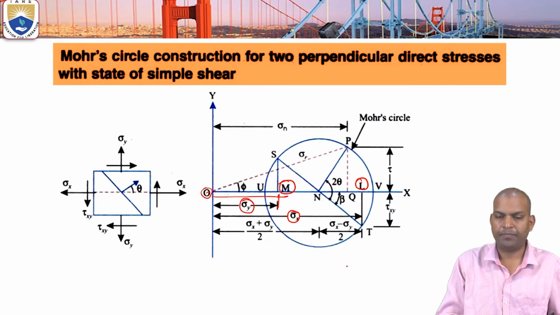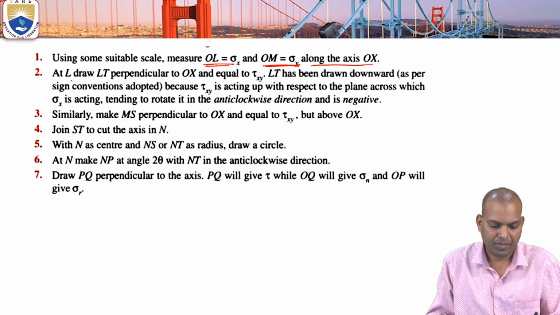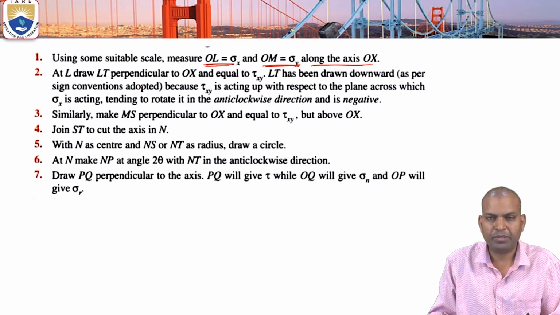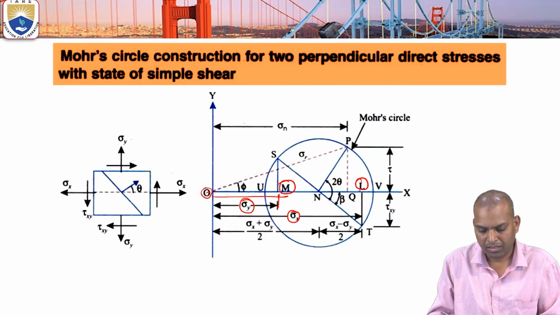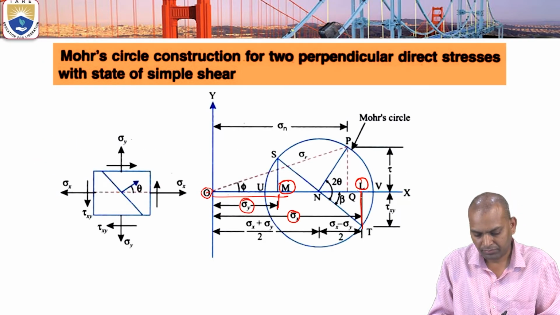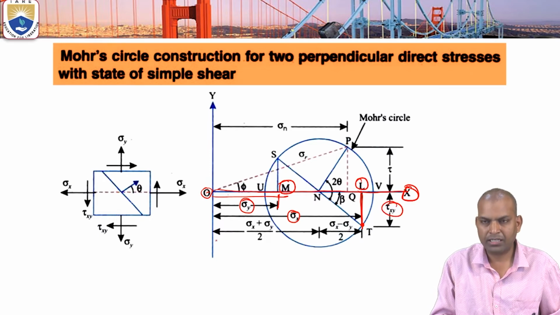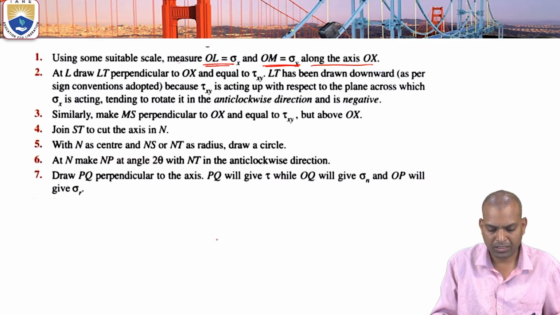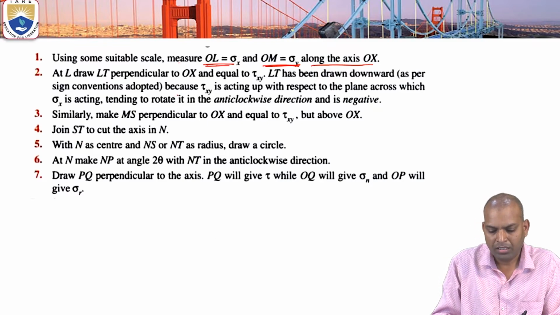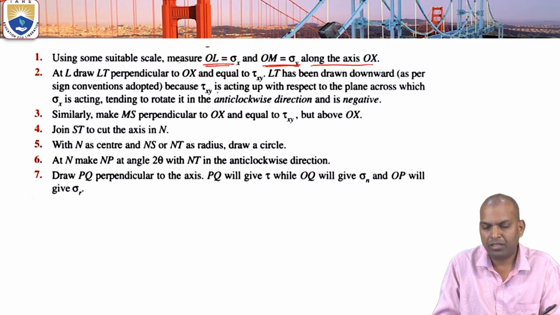The second step: at L, draw LT perpendicular to OX and equal to tau xy. That is the second step. Why have we drawn tau xy downwards?